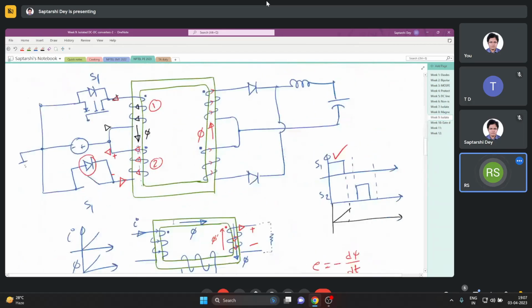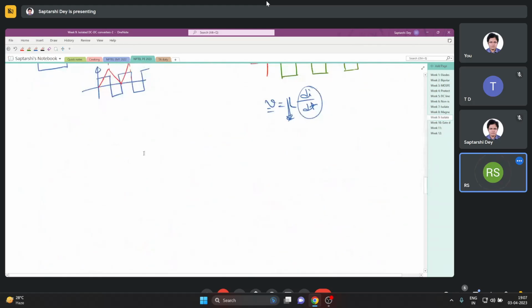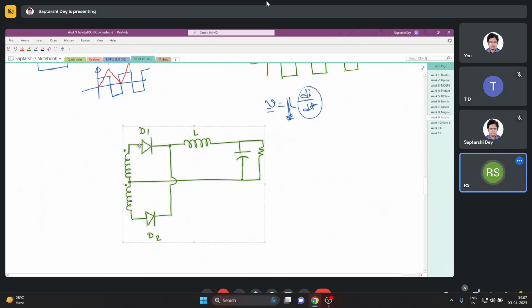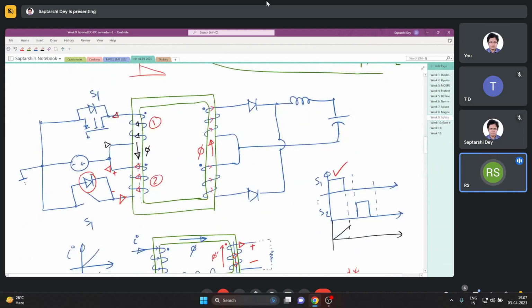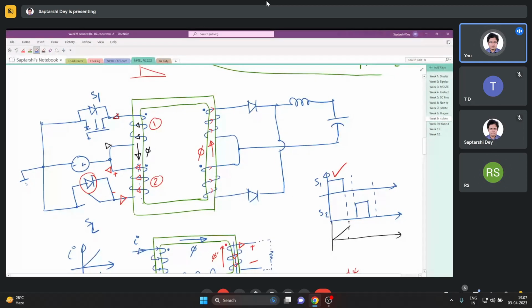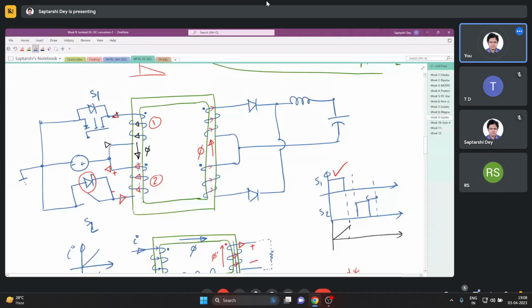Sir, the bottom winding acts as a reset circuitry when we are turning off S1. The next time when we turn on S2 and then turn it off, during this time, this diode will then help the current to flow back.